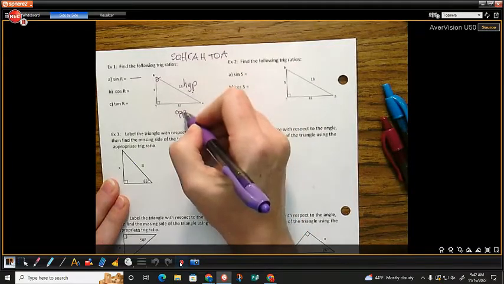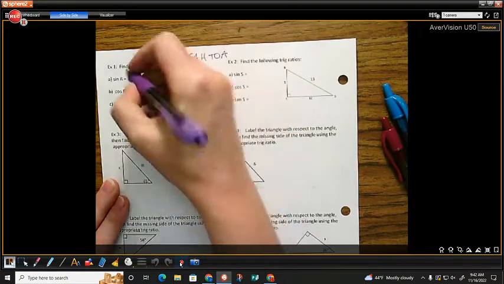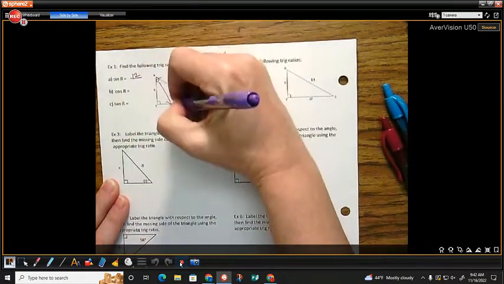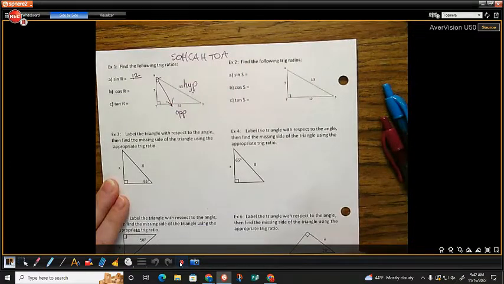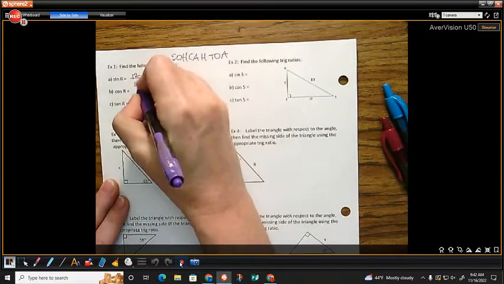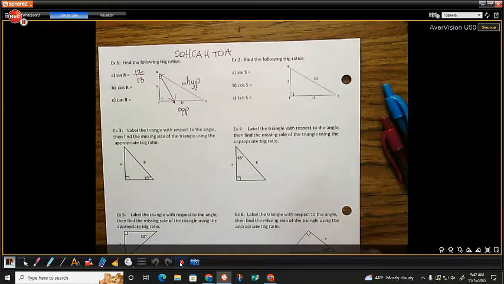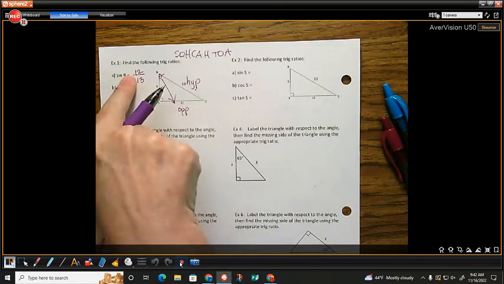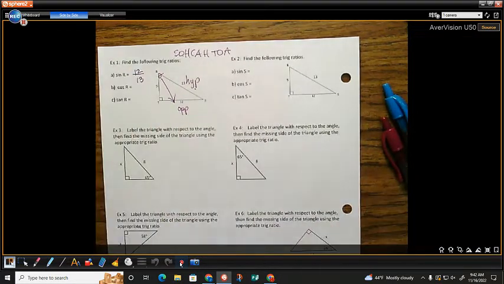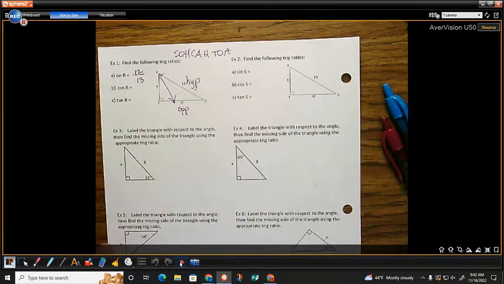How big is the opposite side? 12. See, straight across, opposite. And then the hypotenuse is 13. Did I round anything? No, that's why it gets to be equals. Do you know how big angle R is? No. But whatever it is, its sine is 12/13.